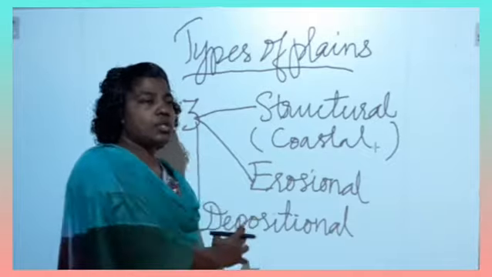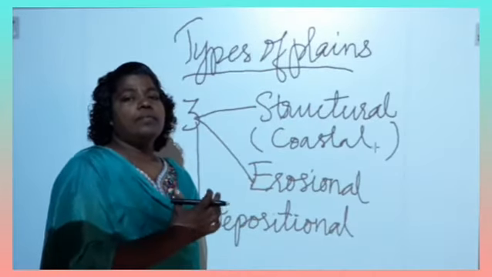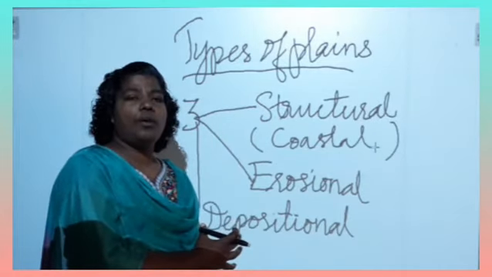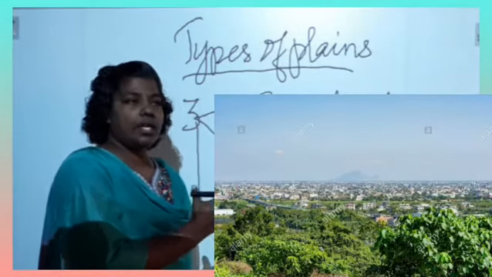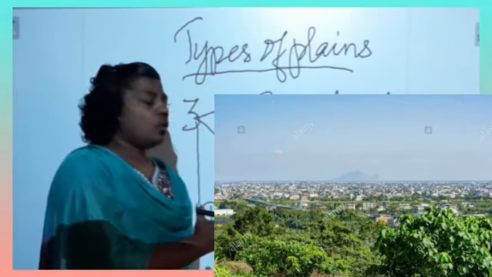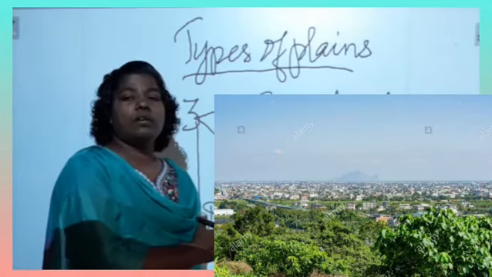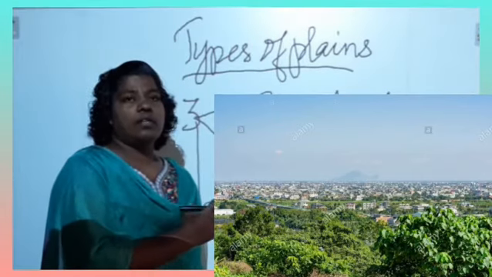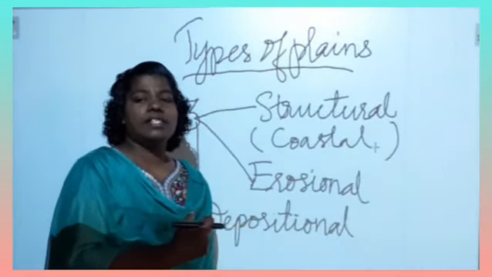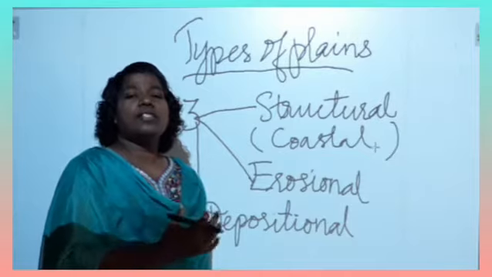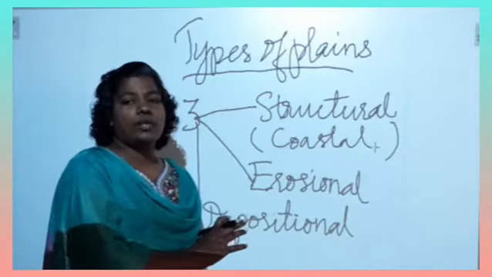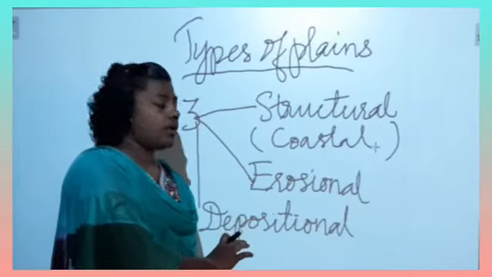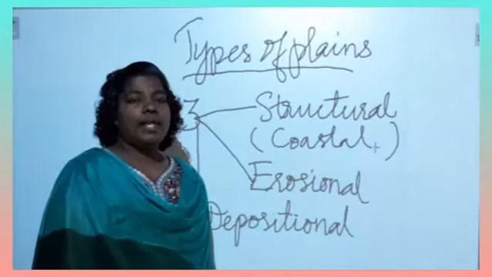This depositional plain is also formed due to natural phenomena like rivers, because of the rain, and also because of the wind flow. It carries the minerals on a large scale and deposits them in a particular region. That became the reason for the depositional plain.